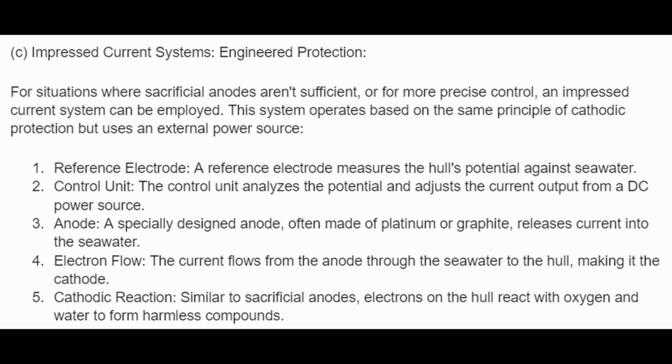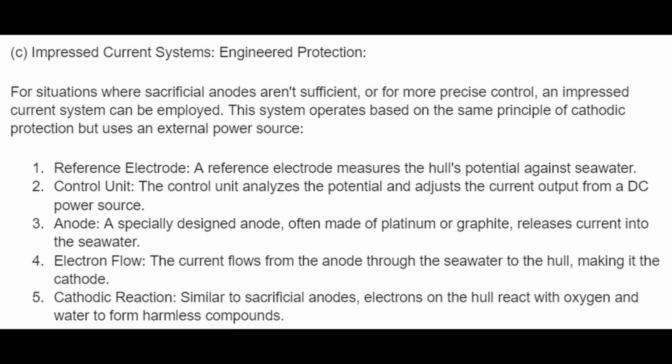3. Anode. A specially designed anode, often made of platinum or graphite, releases current into the seawater. 4. Electron flow. The current flows from the anode through the seawater to the hull, making it the cathode. 5.